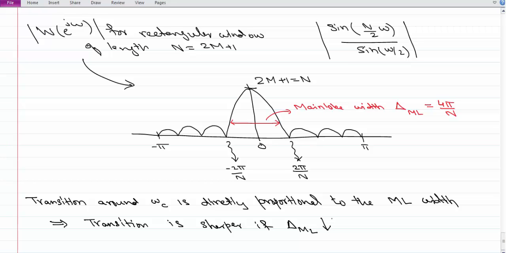So the smaller your main lobe width is, the sharper your transition is.